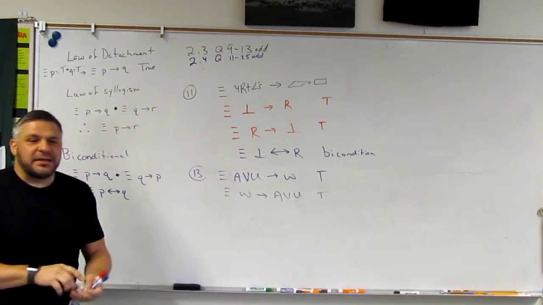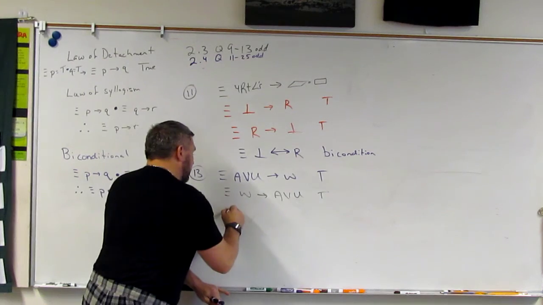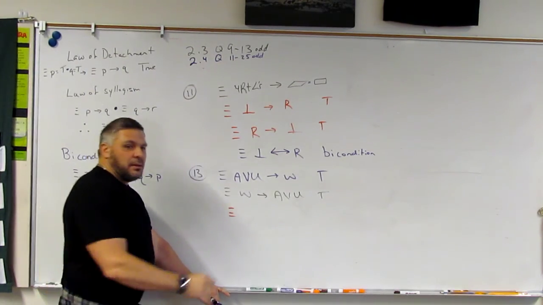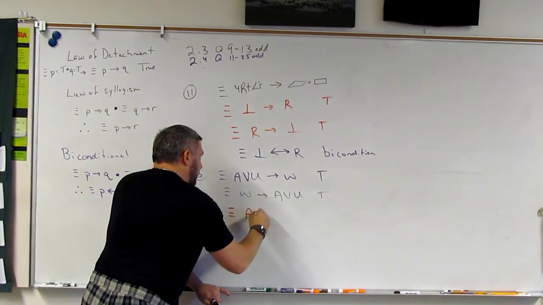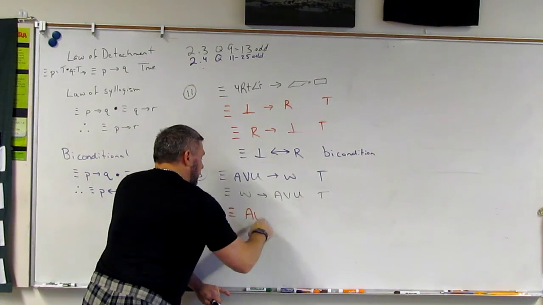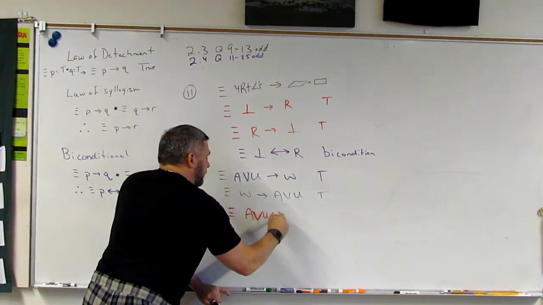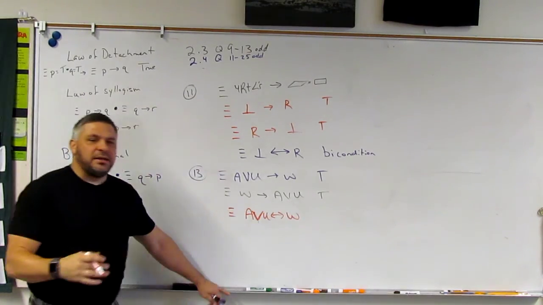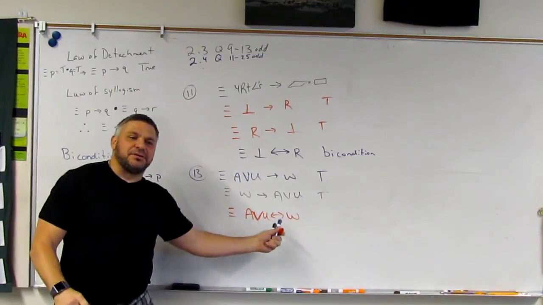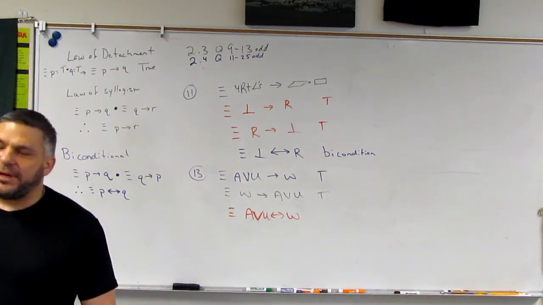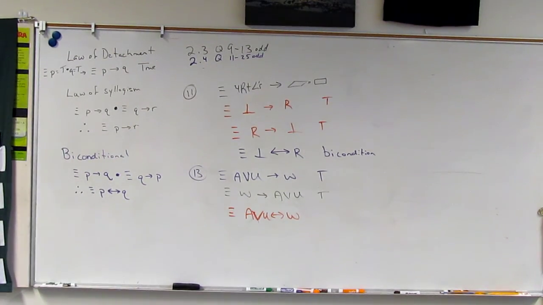So then what's the biconditional statement there? If A or U, then it's the weekend. Yeah, and the then goes both ways. It's a biconditional. Pretty easy stuff. Could you do this on the test? Right?